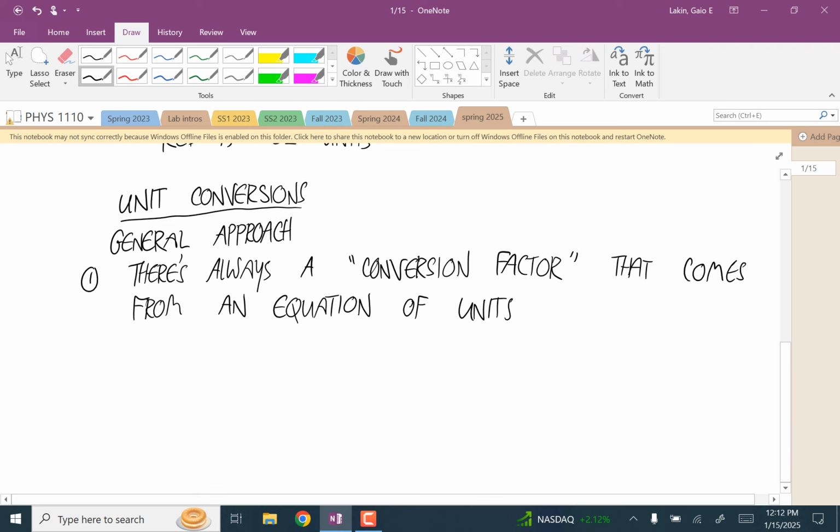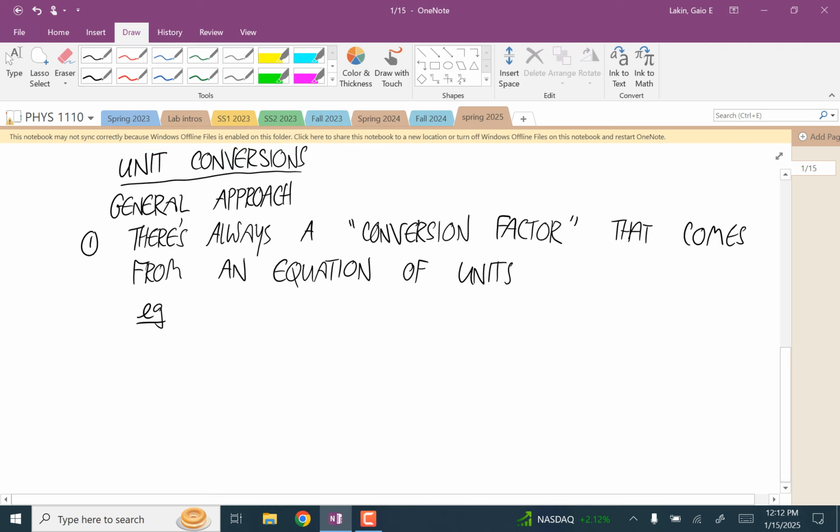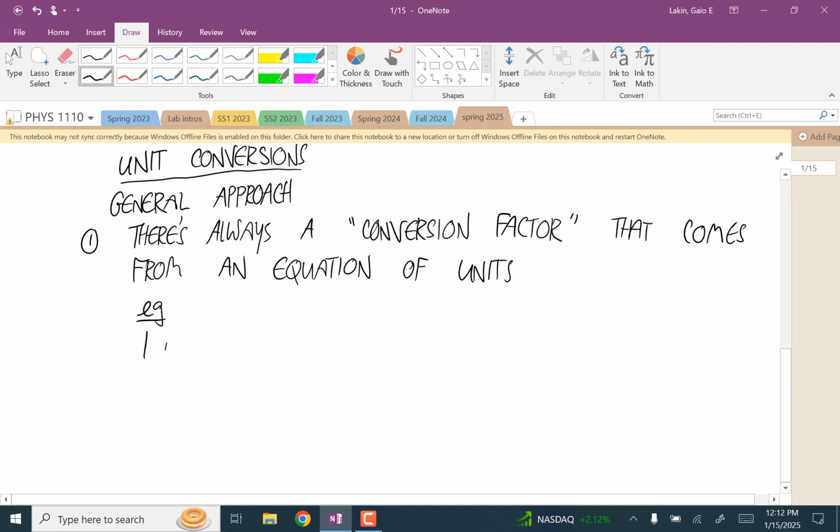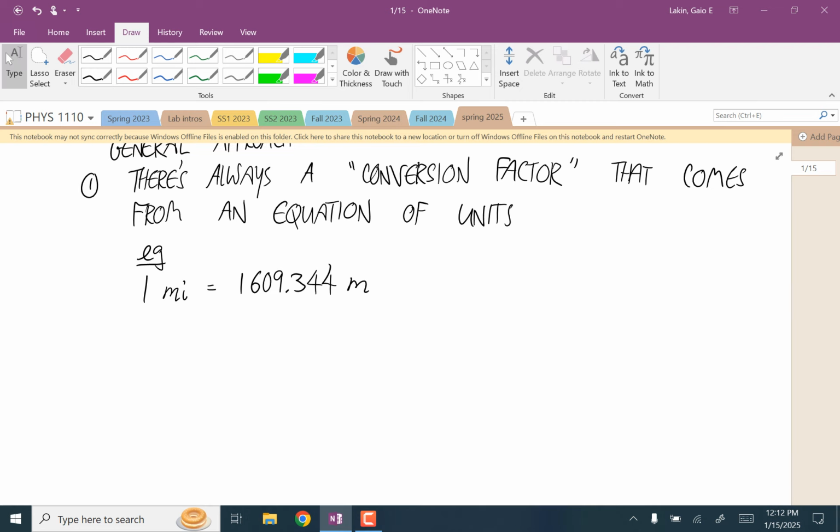So for example, if you're told that 1 mile is equal to 1,609.344 meters, this leads to two possible conversion factors.